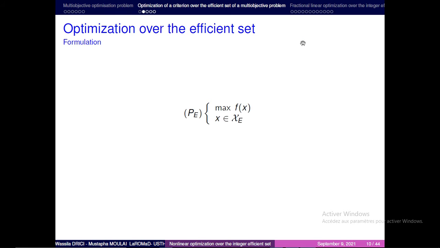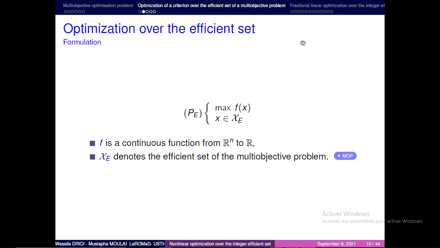A most preferred efficient point which maximizes the fractional utility function of the decision maker can be obtained by solving the following problem. Minimize or maximize a function f such that x belongs to the set of efficient solutions, denoted by XE, of the multi-objective problem defined previously.